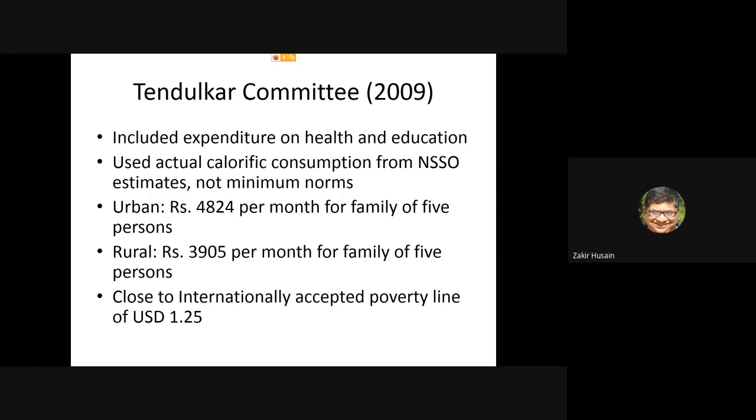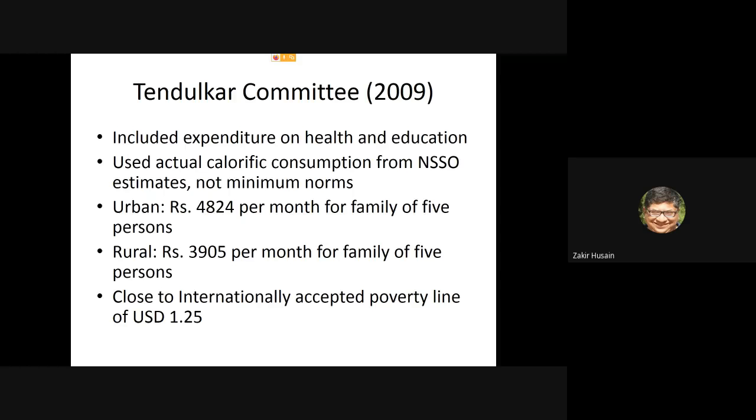Then around 2009, the Suresh Tendulkar committee was established. The objective was to recalculate poverty lines, not using Sukhatme's measure, but using a completely different method. See, Sukhatme's measure was based on just food, calorie consumption. Here, expenditure on health and education was also included.